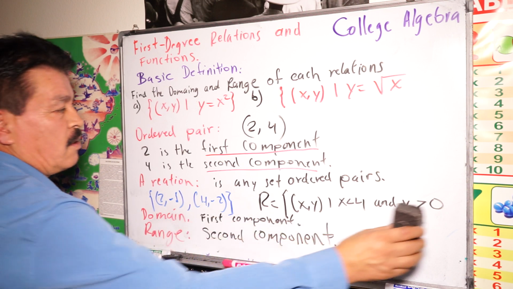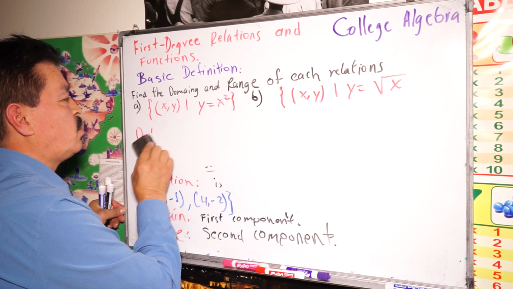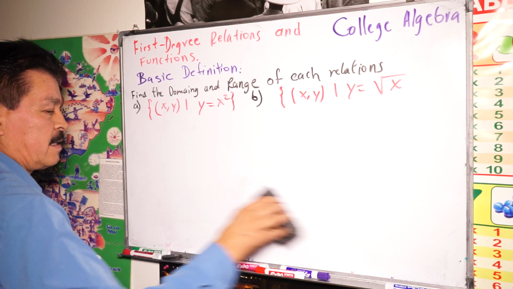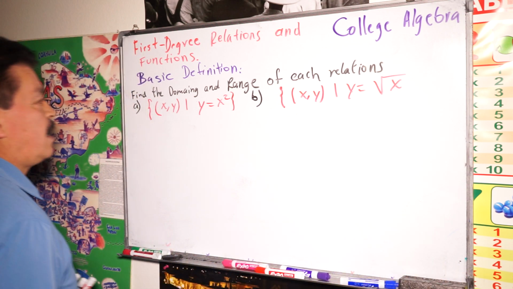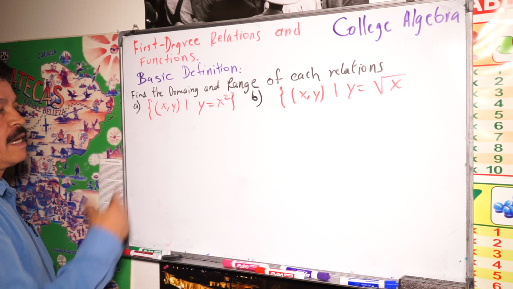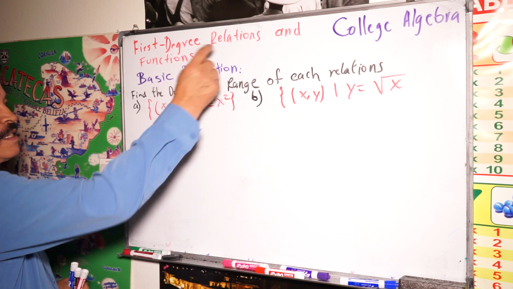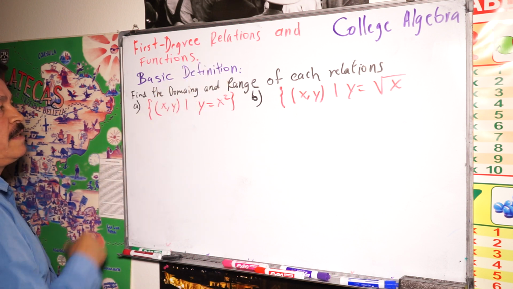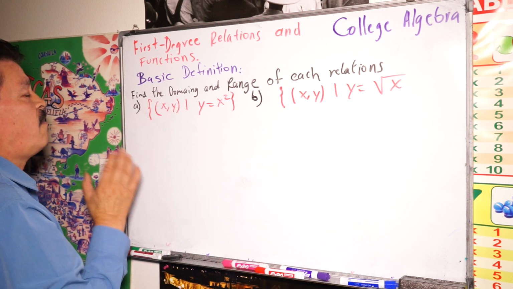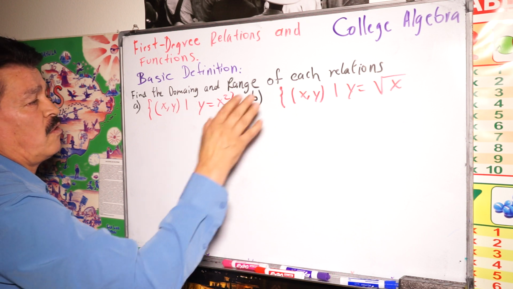So let's try to solve this problem. I told you it's the beginning class, and this is actually the first topic for this unit, the basic definitions. Our problem for today: find the domain and range of each relation.